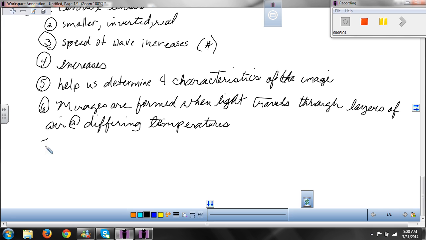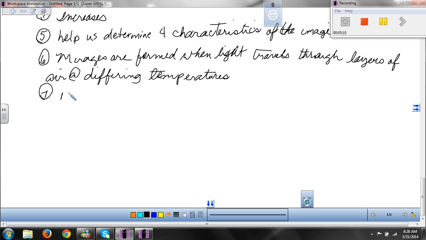Okay, number 7. What 2 conditions must be met for total internal reflection to happen? So it must be going from, let's say, light moves from more dense medium to less dense medium.